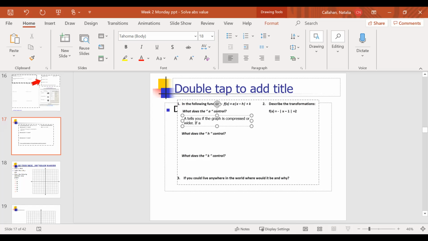If A is smaller than 1, the graph is wider. If A is greater than 1, the graph is compressed or skinnier. So that's basically what the graph will tell you.